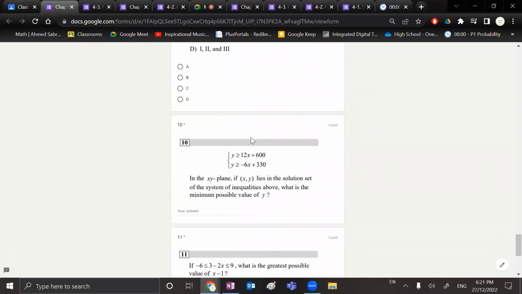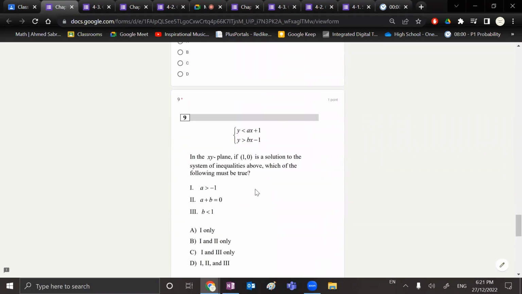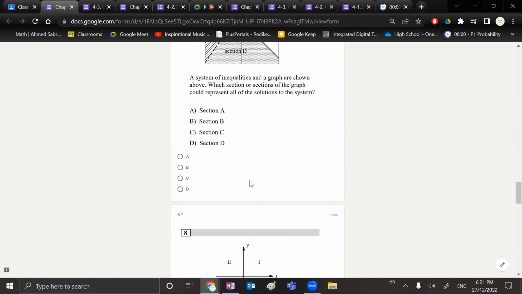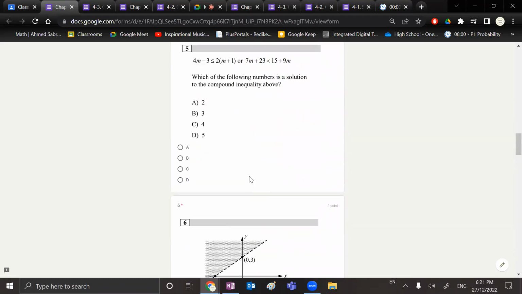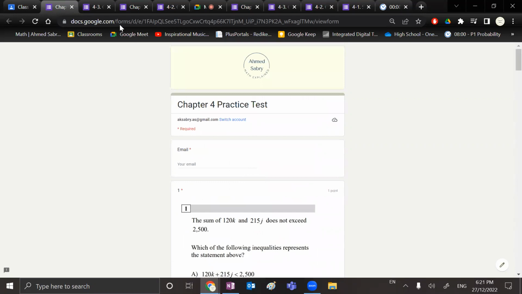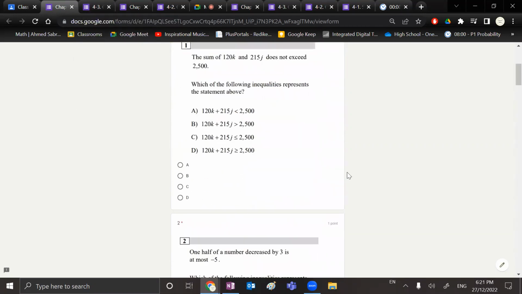I'd like you to try your best to figure out even the questions that we haven't taken or covered, which are only the system of inequalities. Number 10 is the one we haven't covered before, number 9, number 8, and 7. So everything else is covered. I'd like you to try again your best in those. Next class, I'll explain the systems of inequalities and we'll solve those homework questions with each other.